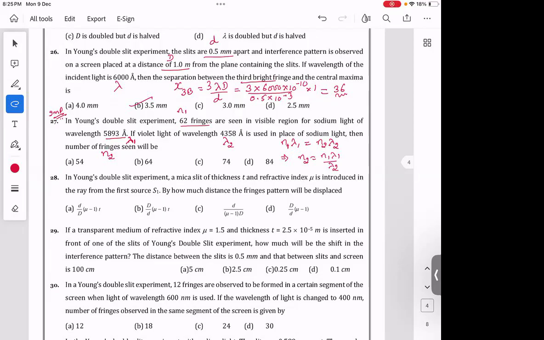Remember, if they have given the number of fringes and the wavelength, when they are coinciding, the path difference has to be constant, right? If the two fringes are coinciding at the same point, the path difference must be a constant.